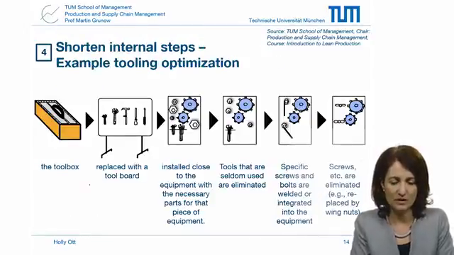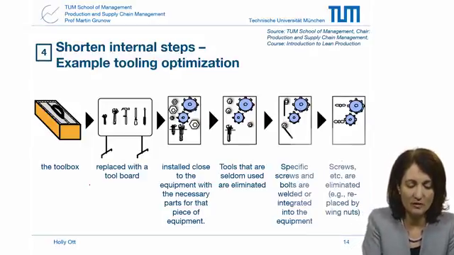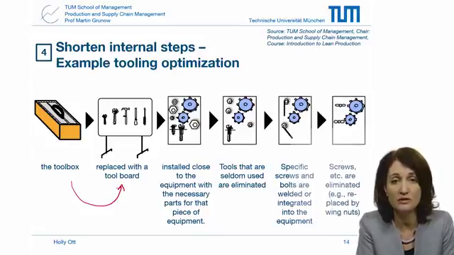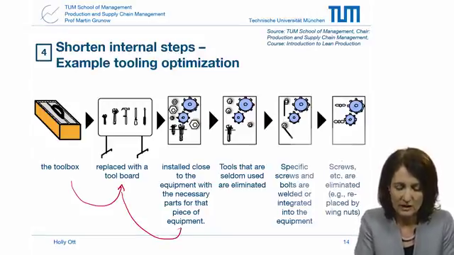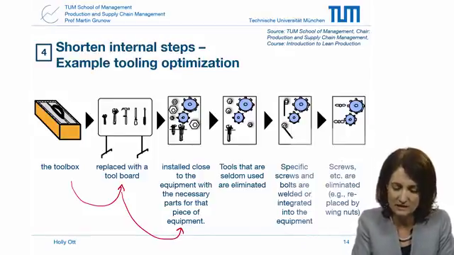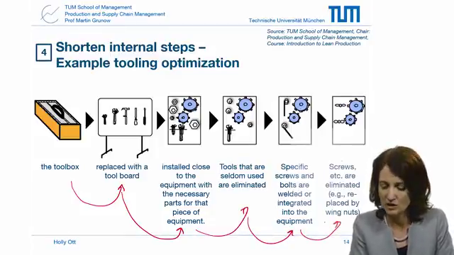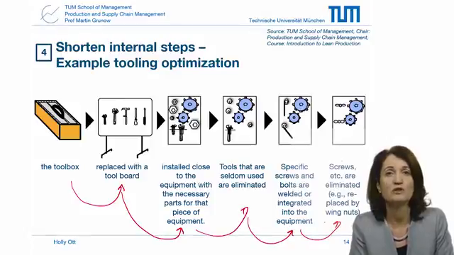Now, the next important part is to shorten internal steps. For example, here we have tooling optimization. So you could, for example, progressively eliminate first a toolbox, replacing it with a tool board, going one step further, making progressive improvements, installing this tool board closer to the equipment along with some of the necessary pieces, and so forth, finding even better ways, instead of using screws, actually having wing nuts, in order to improve your internal steps.